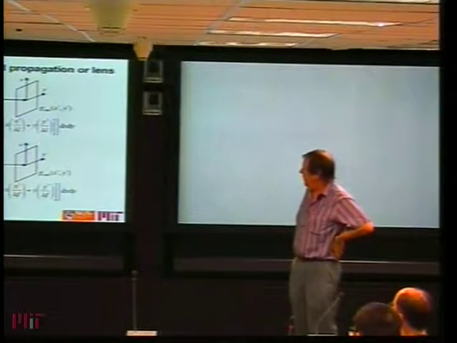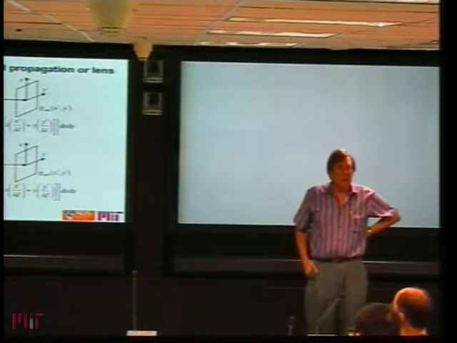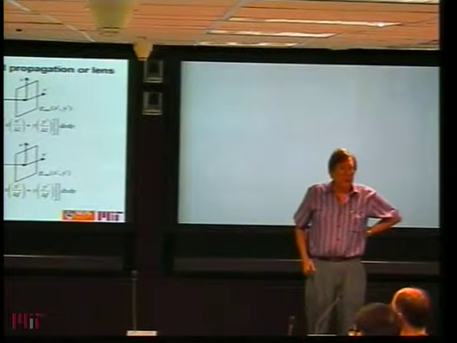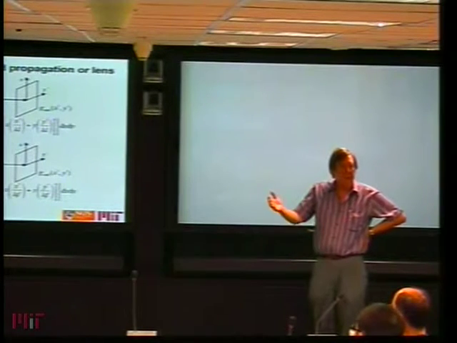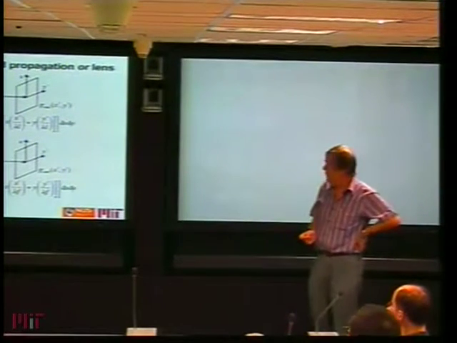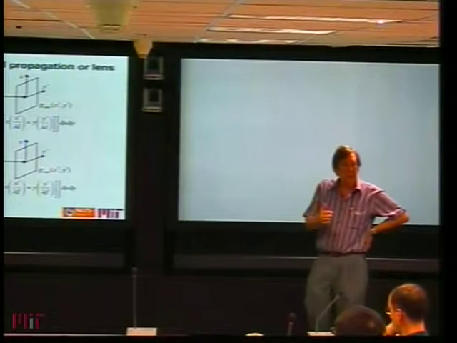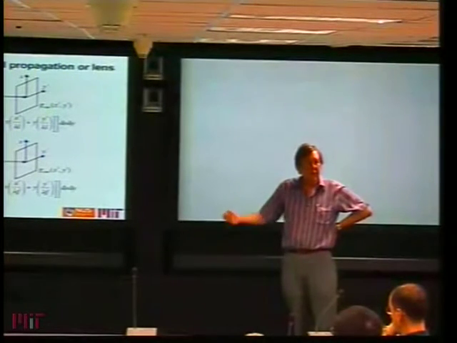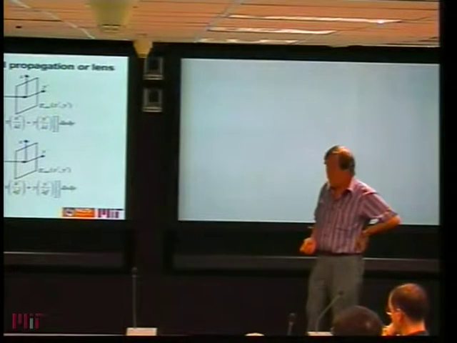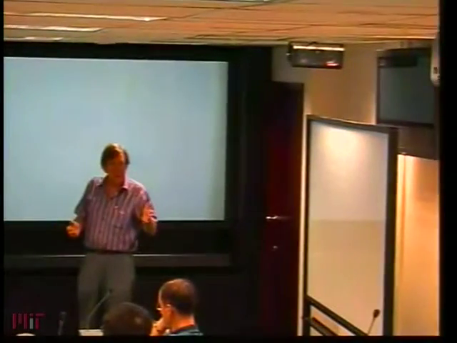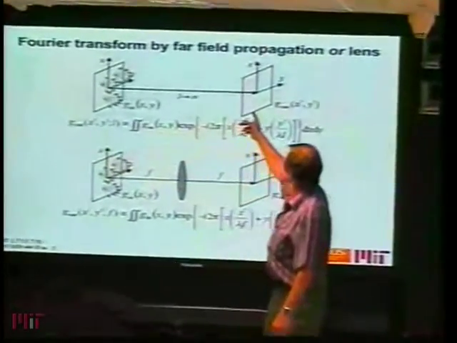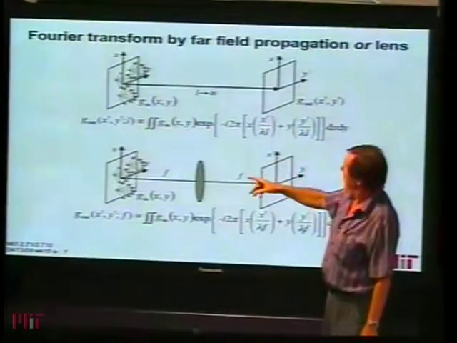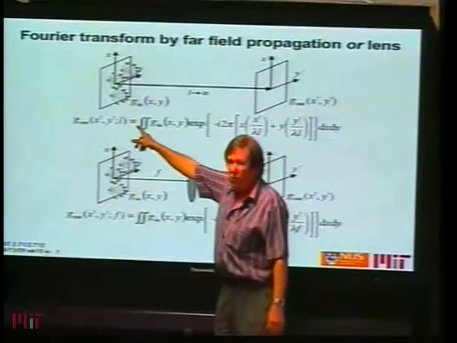pointing out that we've now looked at two different ways you can do a Fourier transform. One way is to just propagate the light a very large distance. You remember, if you have Fraunhofer diffraction, if your screen is a very long way away from the diffracting screen, object, whatever it was called, transparency, then again you get this Fourier transform relationship. But of course, here he's put a proportional sign.